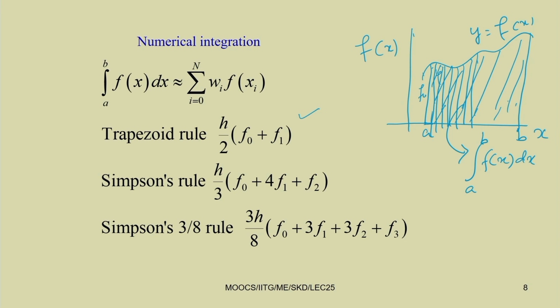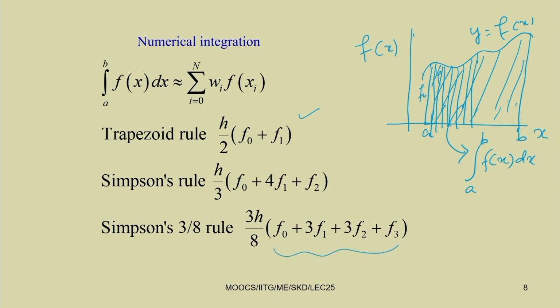Similarly, one can use Simpson's rule to find this area also. It will be h by 3 times f0 plus 4 f1 plus f2. By taking 3 points, we can use Simpson's rule. Otherwise, one can use Simpson's 3/8 rule. This is Simpson's 1/3 rule. One can use Simpson's 3/8 rule also to find the area.